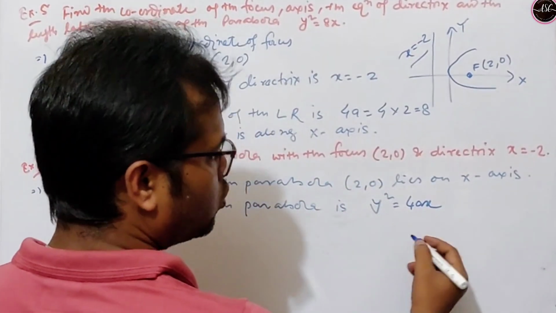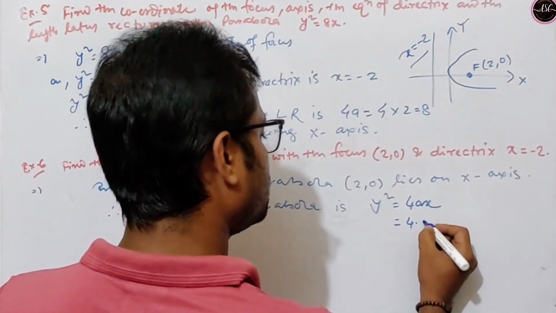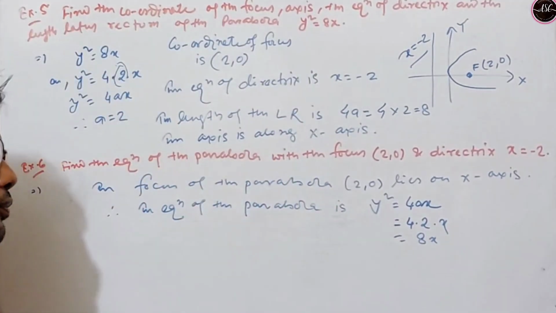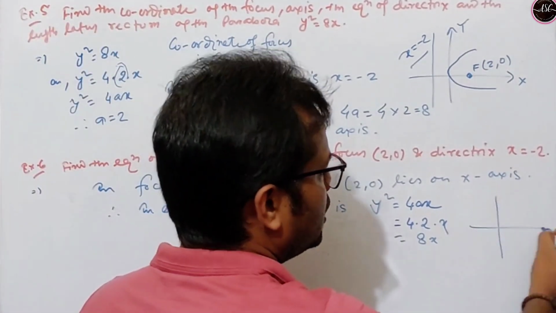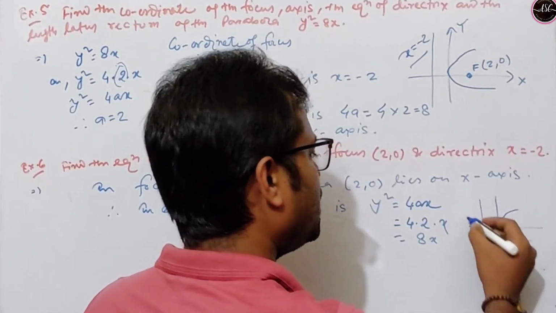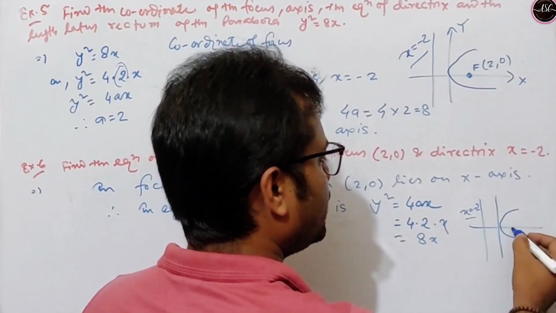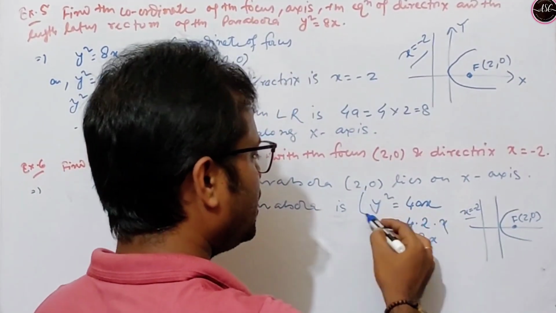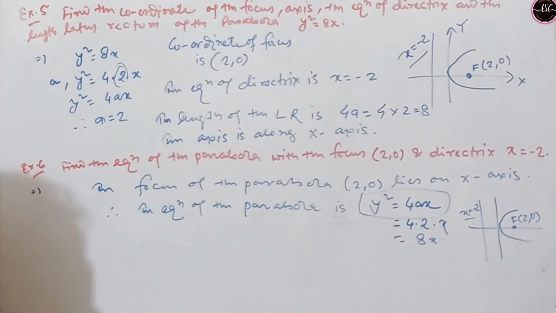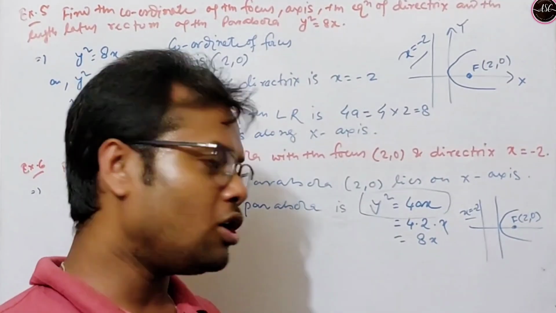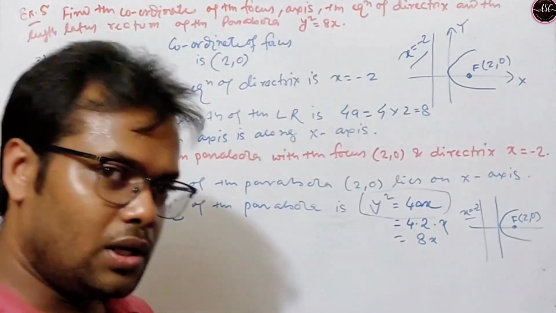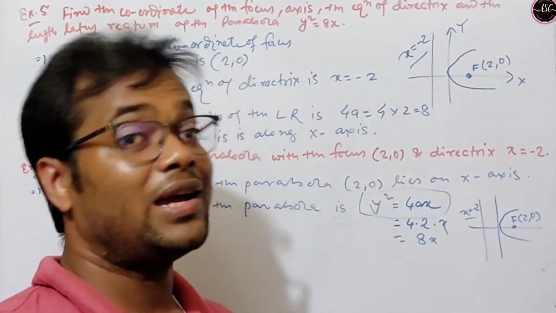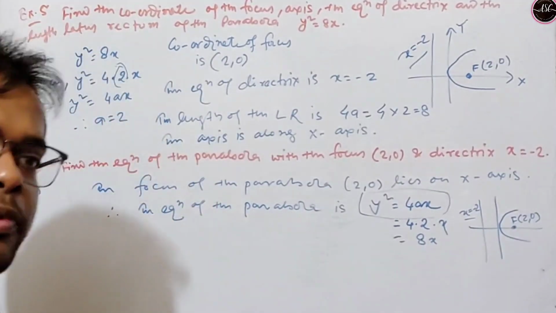Here a equals 2, therefore y square is equal to 4 into 2 into x, that means 8x. If the focus is (minus 2, 0) and the directrix is x equal to 2, then the equation will be y square is equal to minus 4ax. This should be remembered.